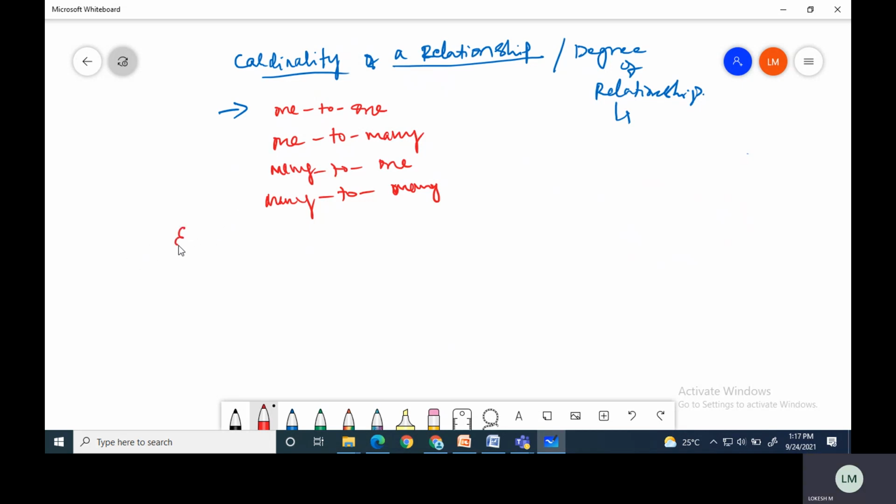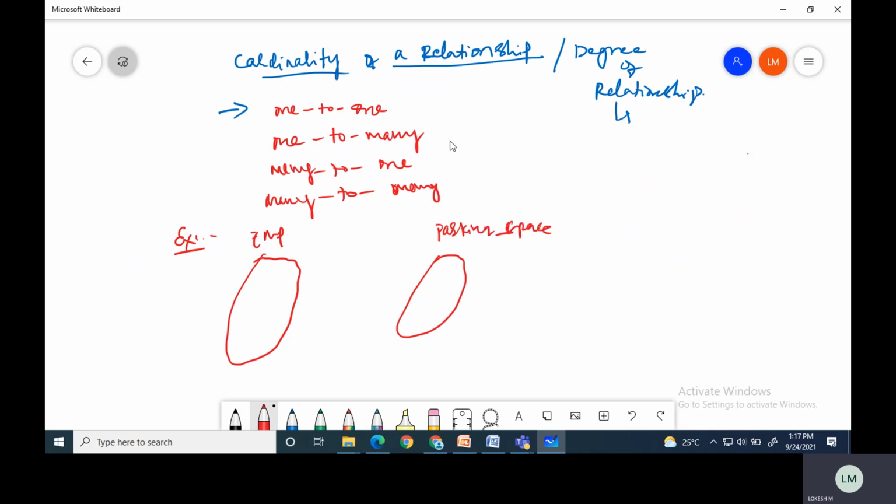So the best example for 1 to 1 is an employee who is assigned a parking space. Many employees are working, and we have allocated parking spaces. So this is employee and this is parking space.